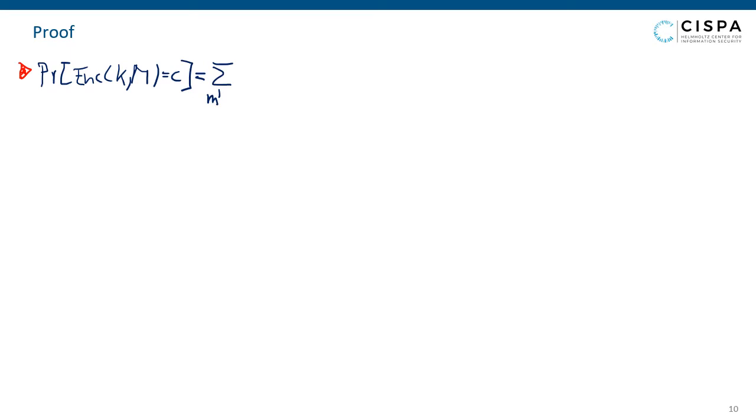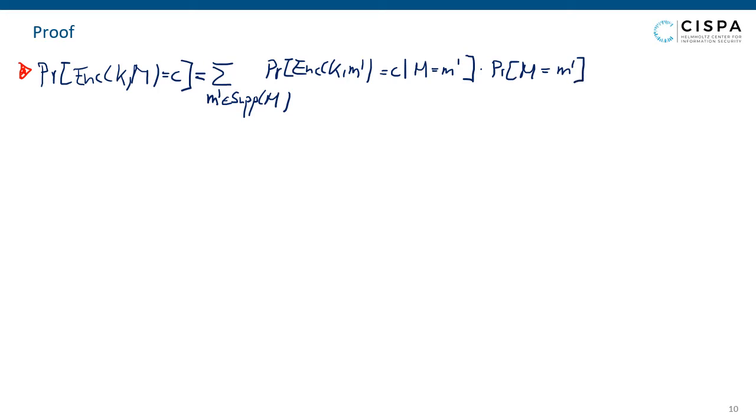Sum over all m prime in the support of this random variable capital M, such that the probability enc k of m prime equals c, conditioned on M equals m prime, times the probability of M equals m prime.